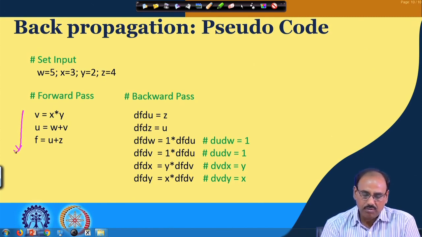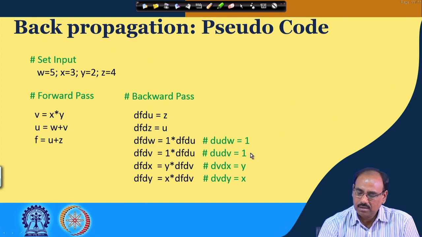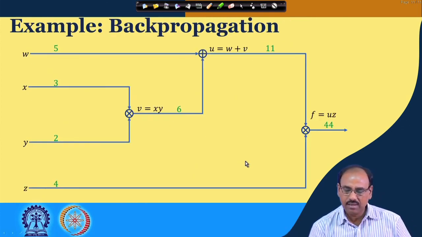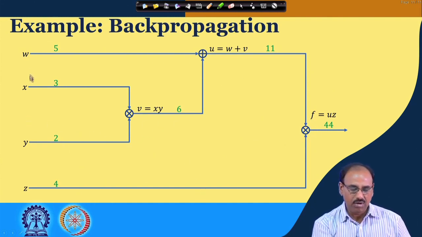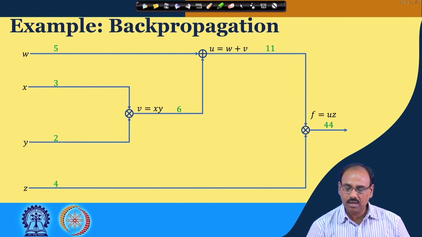So, this is what we are computing in the forward pass, and then you have the backward pass. In the backward pass, as we have seen earlier, firstly we have to compute del f del u, I have to compute del f del z, and then following the chain rule, finally I have to get del f del w, del f del x, del f del y, and so on.